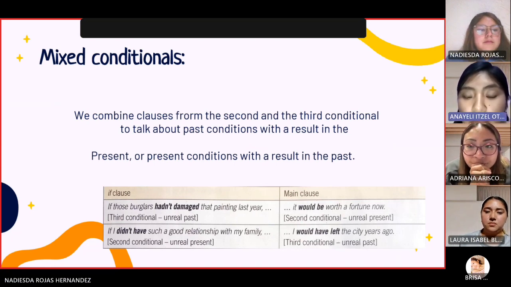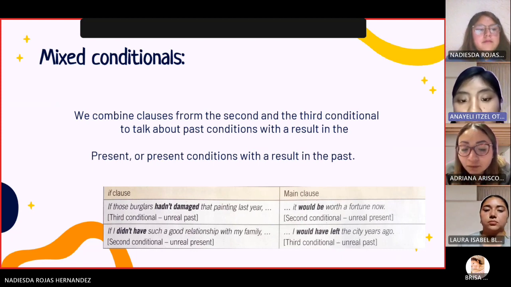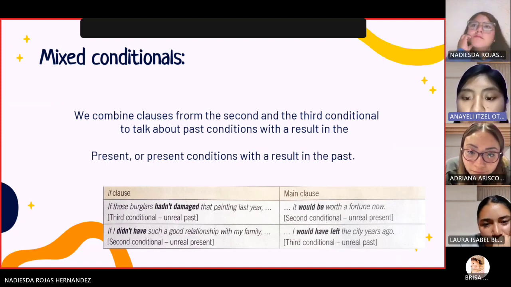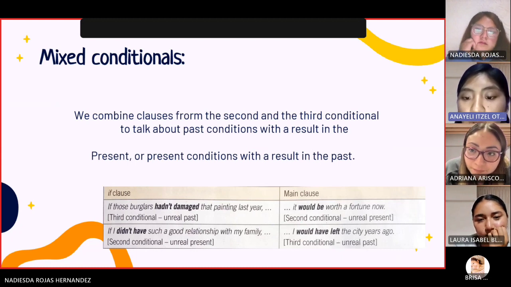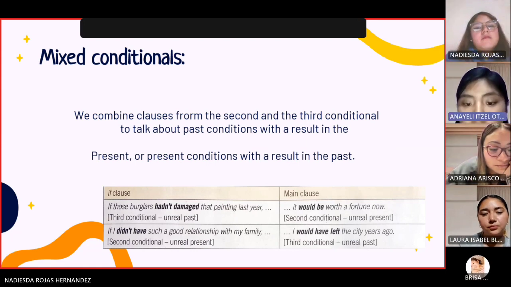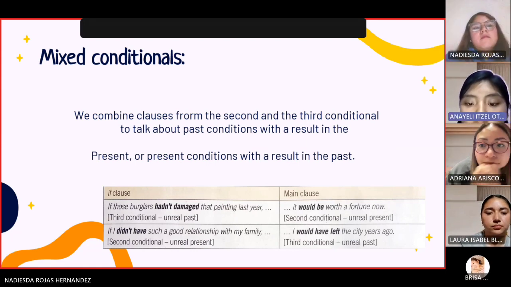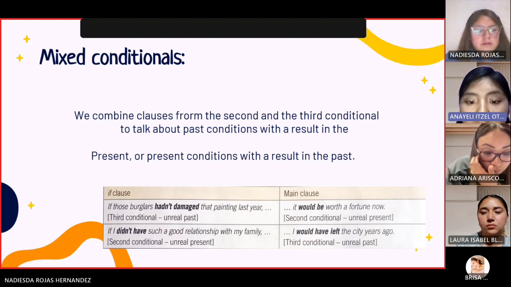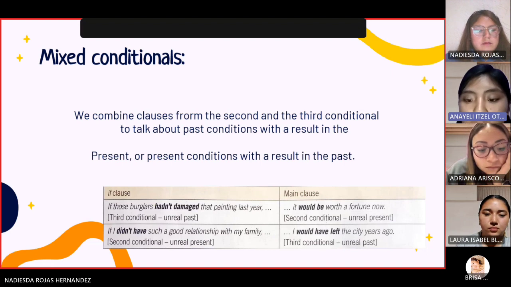In column number 2, the main clause: would plus have plus past participle. We can use past perfect continuous in the if clause. We can also use might in the main clause. Mixed conditionals: we can mix the second and third conditional to talk about a past condition and a result in the present, or a present condition with a result in the past.